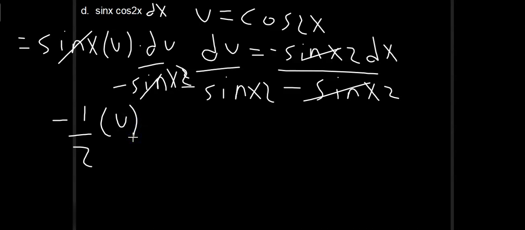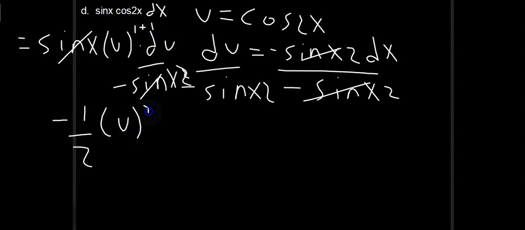So when you integrate u, since this u is cos 2x, if you remember, variables have a 1 exponent, and if it is a constant, it has a 0 exponent. This is a variable, so I've got a 1 exponent, so this is the same as u to the 1. When you add 1, you're gonna get 2.